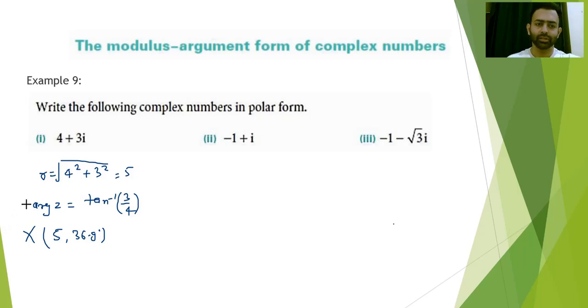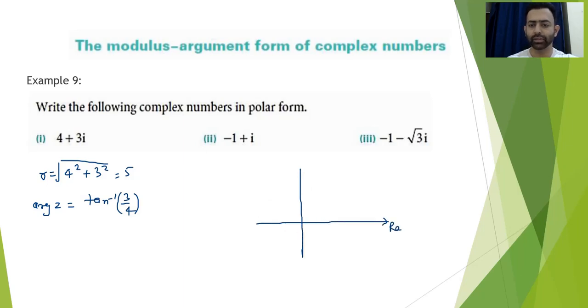For example, this very first example I am taking. Let us plot this in an Argand diagram, right? How this vector will look like. So this is our real axis, this is our imaginary axis, right? And this is 4 units and this is 3 units.